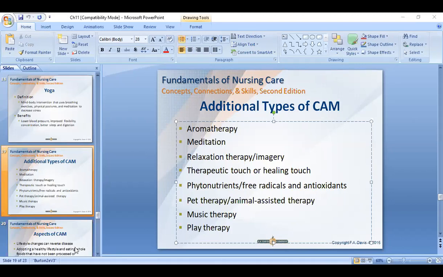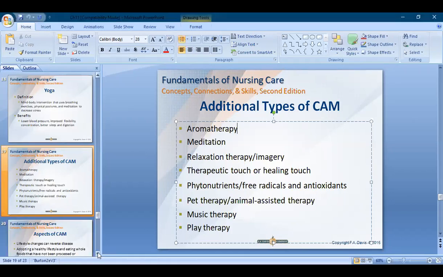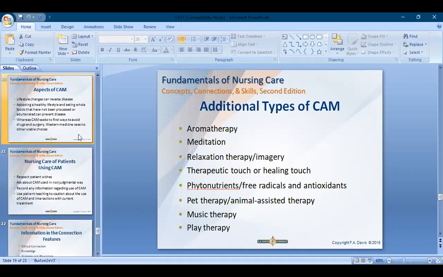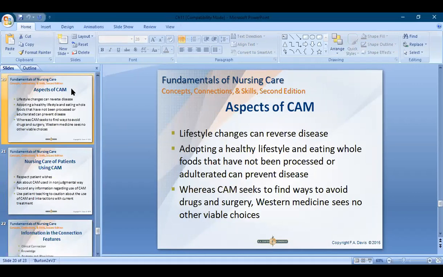So now go to the next one. Some aspects of alternative therapy: lifestyle change can reverse the disease, and also adopting a healthy lifestyle and eating whole food that has not been processed can prevent the disease basically, right?